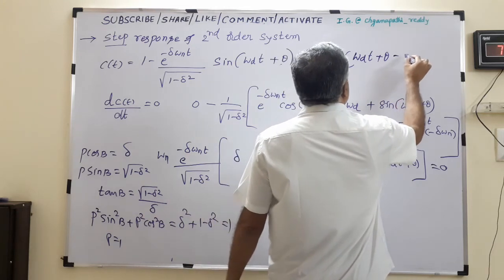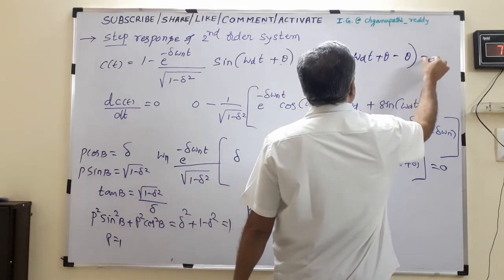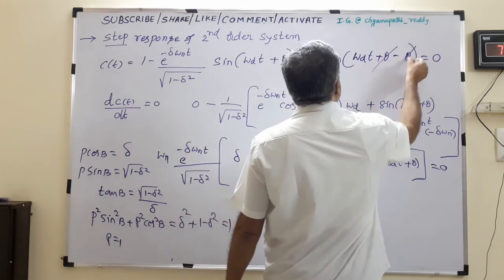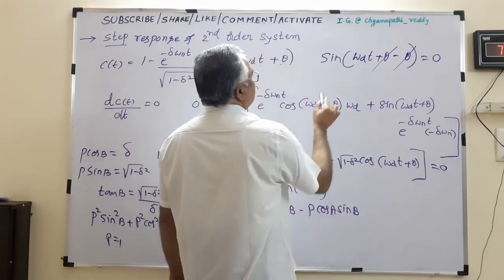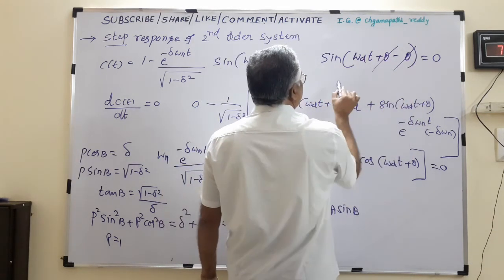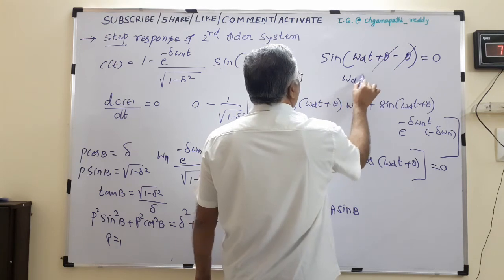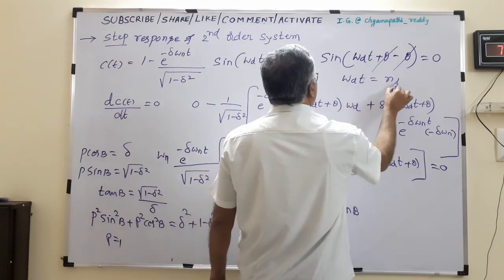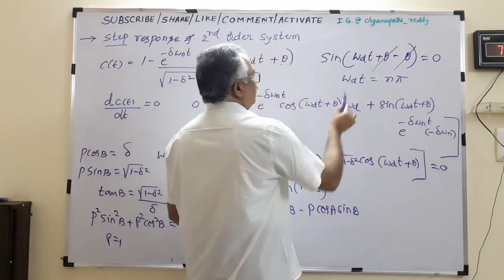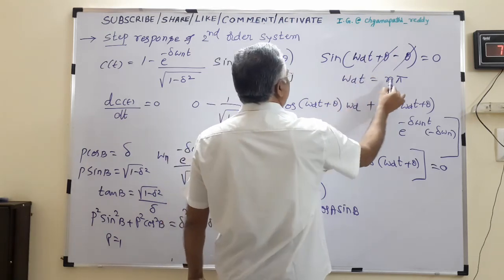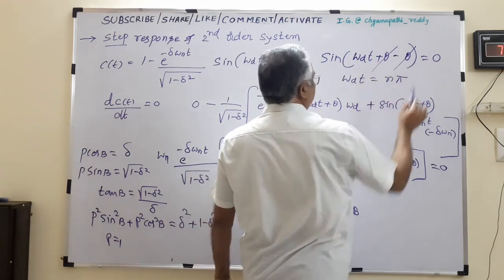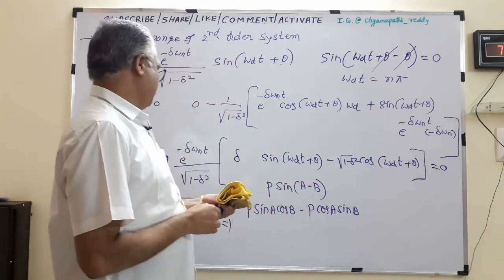So theta equal to 0. This cancels. For what value of this will it be 0? If omega d t equal to n pi. If omega d t is equal to n pi, then sin of that becomes 0 for any value of n.